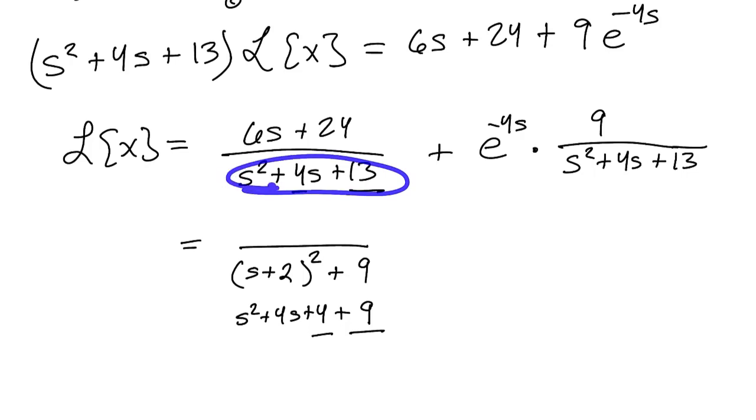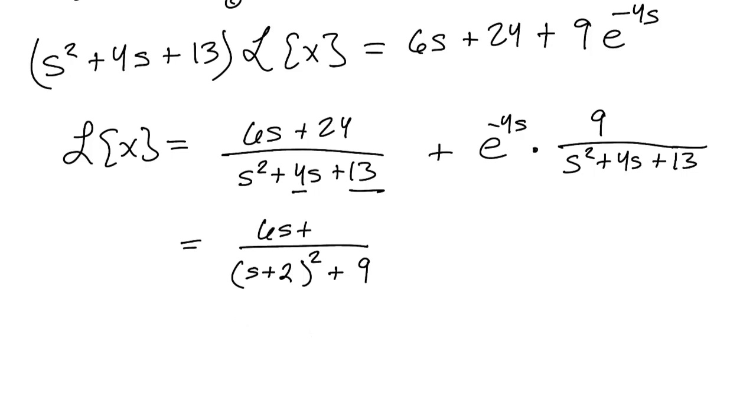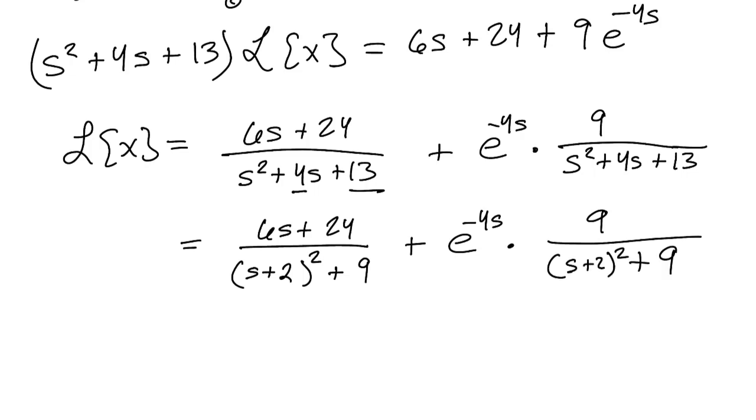So this can be factored into s plus 2 squared, which contributes a 4. 4 does not add up to 13, so that gives us the extra 9 right there. The numerator remains the same, 6s plus 24. And we do the same here, s plus 2 squared plus 9.